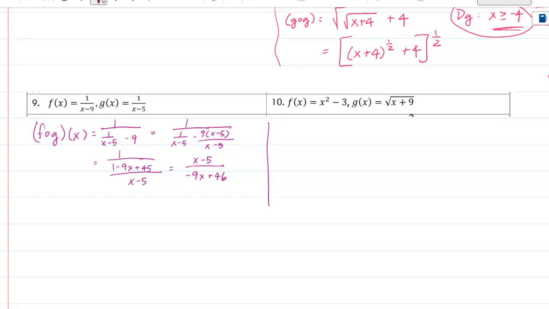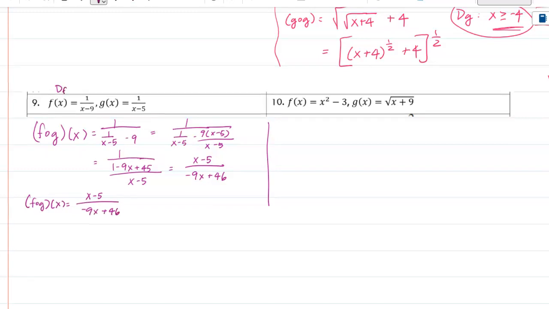It's 46. So f of g of x equals x minus 5 over negative 9x plus 46.